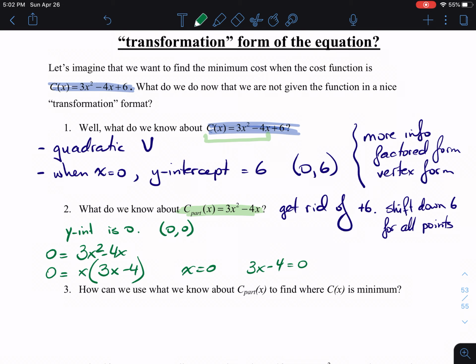Okay. But when does 3x minus 4 equal 0? Well, when x is 4/3. So interesting. So the partial crosses the axis at 0 and 4/3.